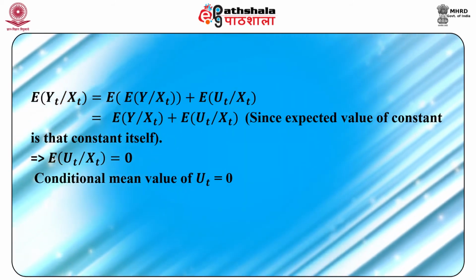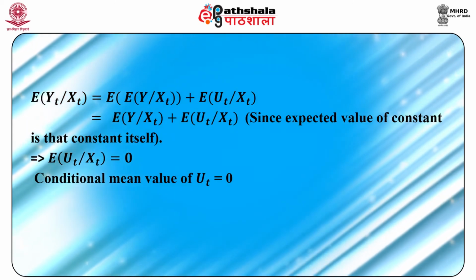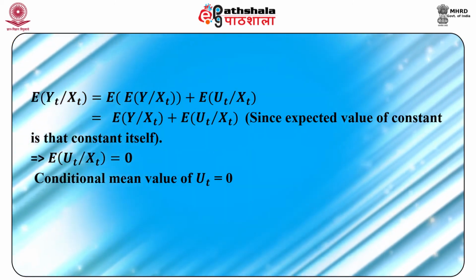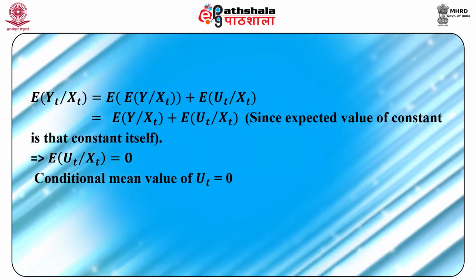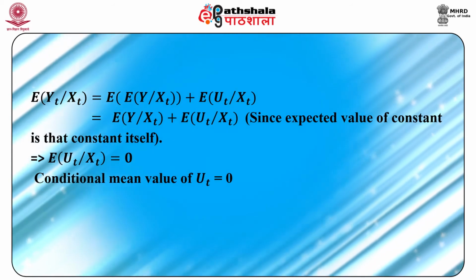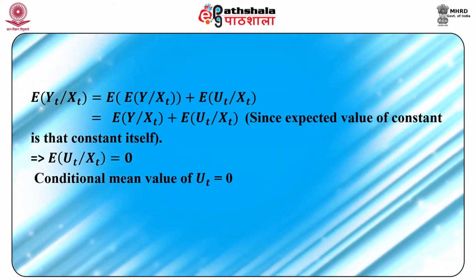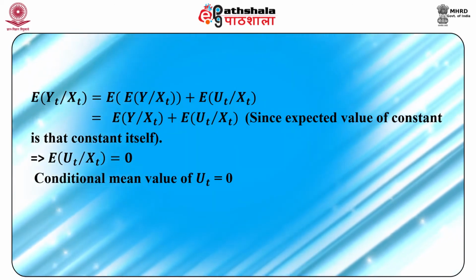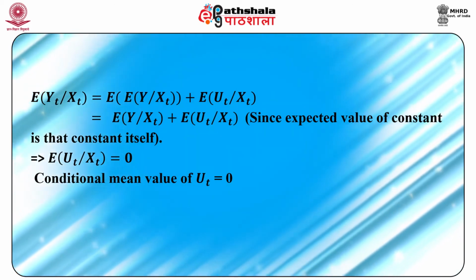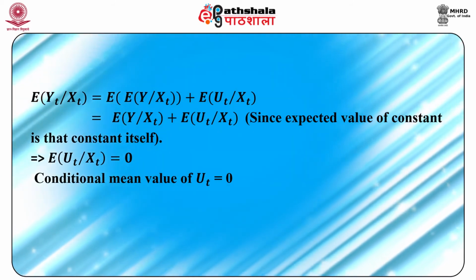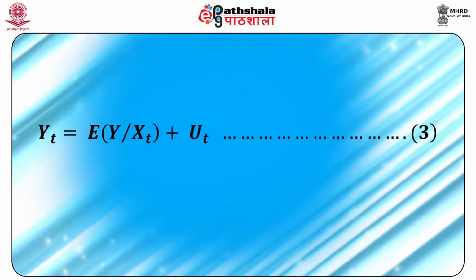Now, since we know that yt upon xt is equivalent to expected value of y upon xt, we get expected value of mu t given xt equal to 0 from the right hand side. So, what we are trying to say is that the left hand side, which is expected value of yt upon xt, is equal to the first term on the right hand side.